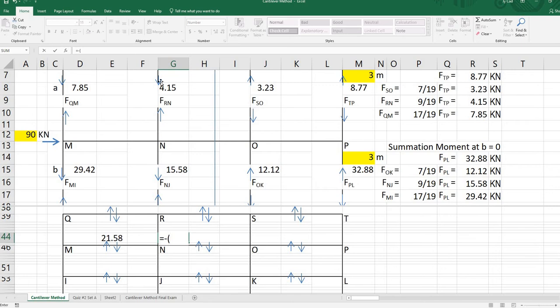So, 4.15, positive. Tapos, yung 15.58, pababa, kaya minus. And then, yung 21.58, this is downwards, kaya minus ulit, minus 21.58. Okay? And, minultiply na natin siya kaagad ng negative. So, that is 33.01.